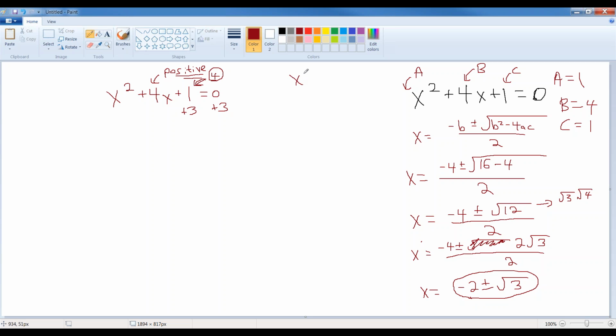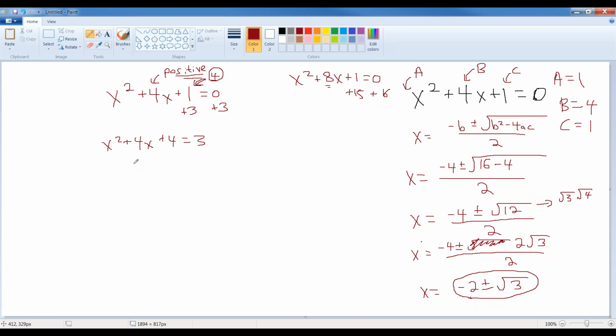Let's say, for example, if the number was x squared plus, let's say, 8x plus 1 equals 0, well then we would take half of the 8, which is 4, and square it and make that into a 16. So here we'd want to add 15 to each side to make this into half of this number squared. But back to this case, we would say x squared plus 4x plus 4 equals 3 now.